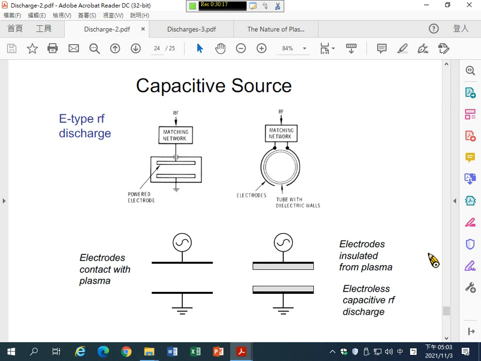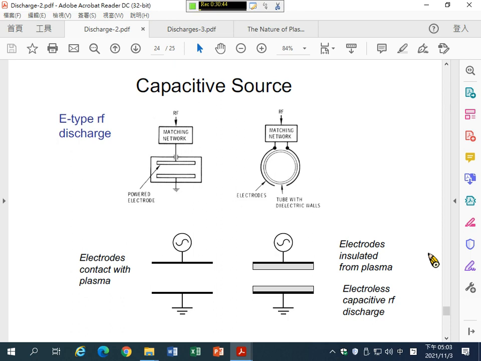And in this class, in this chapter, we focus on capacitive type discharge. So here are examples of the capacitive system. Okay, and the first one here is a basic diode system.